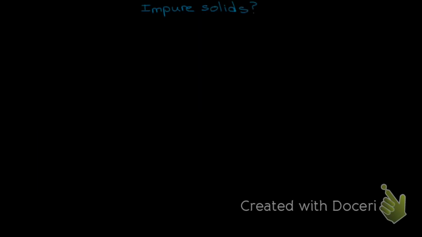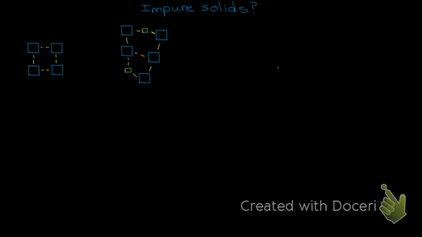Now, if we move on and we look at an impure solid, instead of having that nice, evenly spaced crystalline lattice, when we start to introduce an impurity, which is going to be the smaller green rectangle, what you end up doing is forming a solid that is a little bit disjointed. And as you add more and more, you see the molecules aren't really as evenly spaced anymore.